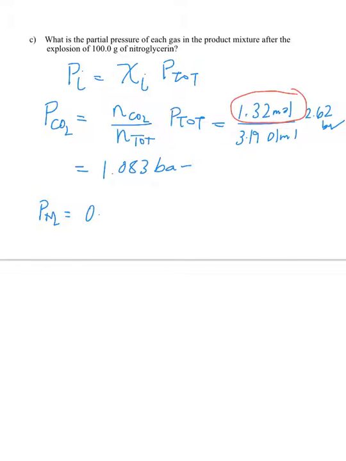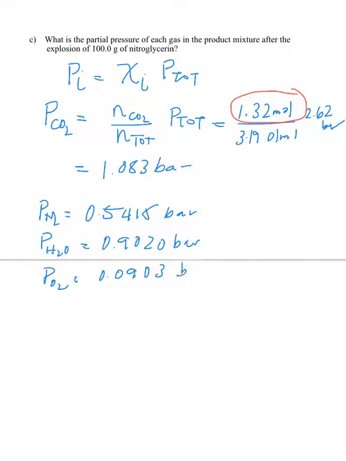I get a partial pressure of 0.5415 bar. The partial pressure of water, I get 0.9020 bar. And the partial pressure of oxygen, I get 0.0903 bar.